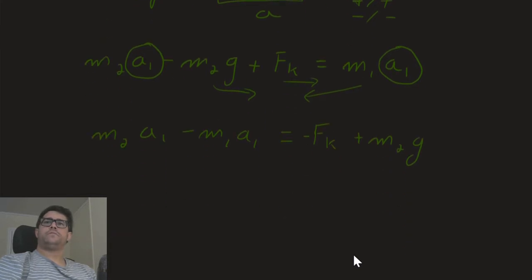That's it for that. Now we can isolate A1 into M2 minus M1, Fk plus M2 G.